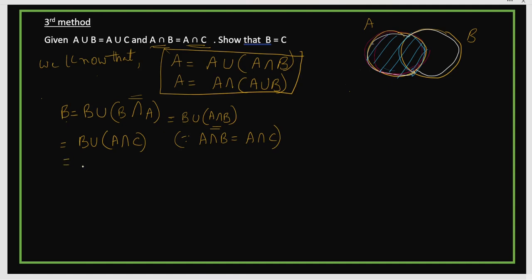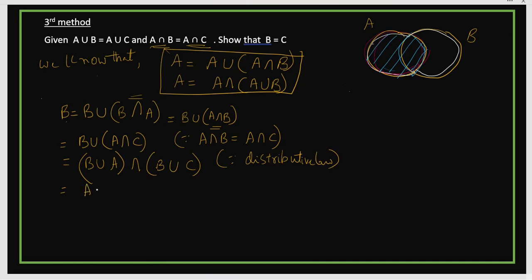Now you can distribute it. B union, while doing this you should tell me, B union A intersection B union C. B union A intersection B union C, by the distributive law. Equals what?